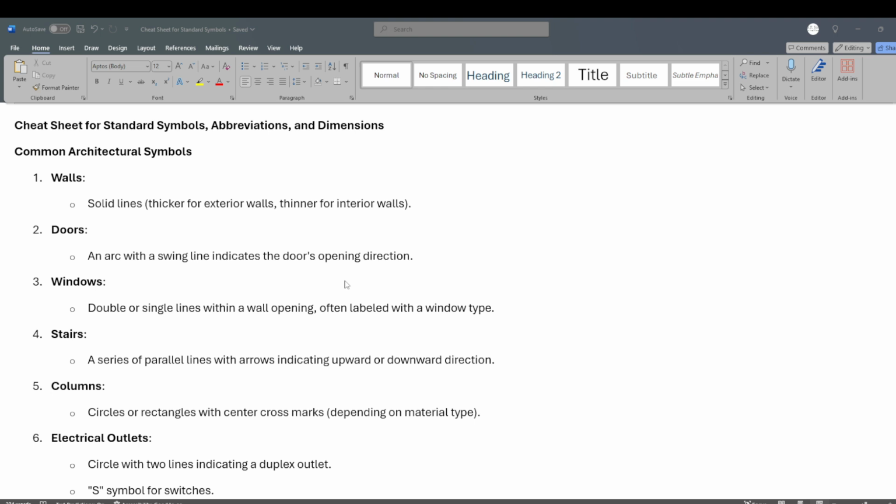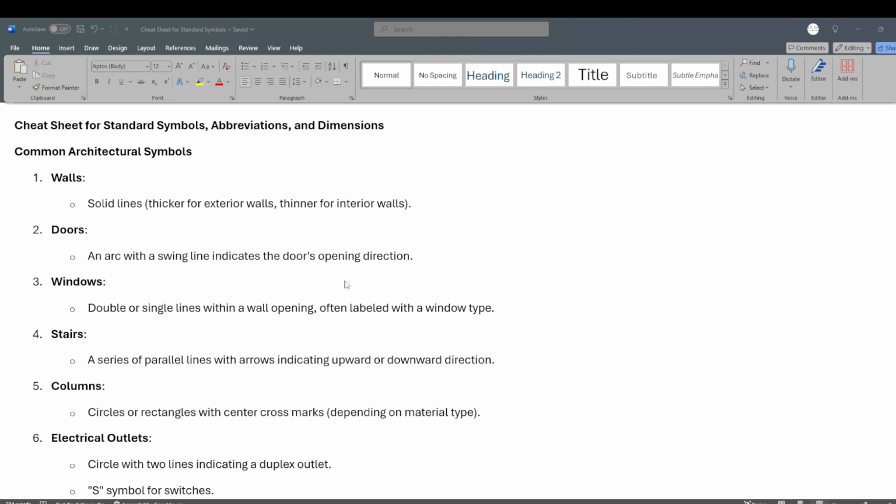Remember, the architectural set will also include the MEPs, the mechanical, electrical, and plumbing, in whatever detail is necessary for that project.